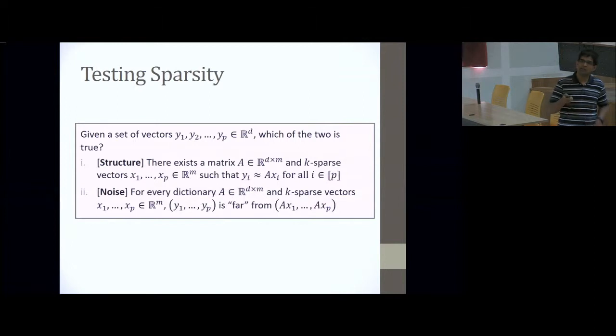So typically this P is quite large. So P is pretty large. So you want to explain a lot of input vectors using a small number of... So these are k-sparse vectors.